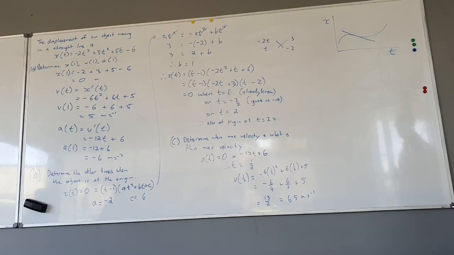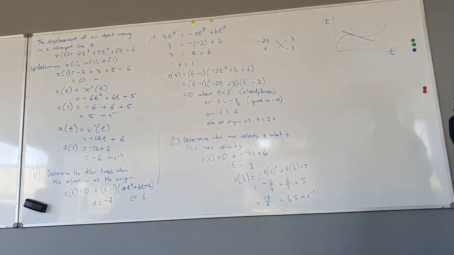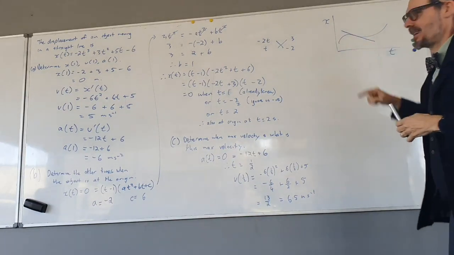Negative. Okay, it's negative. What kind of a thing is it? What does it represent in real life? That you've gone back. No, not necessarily, because I started here and now I'm here, so I haven't gone back. Yeah, I've gone back a little bit.